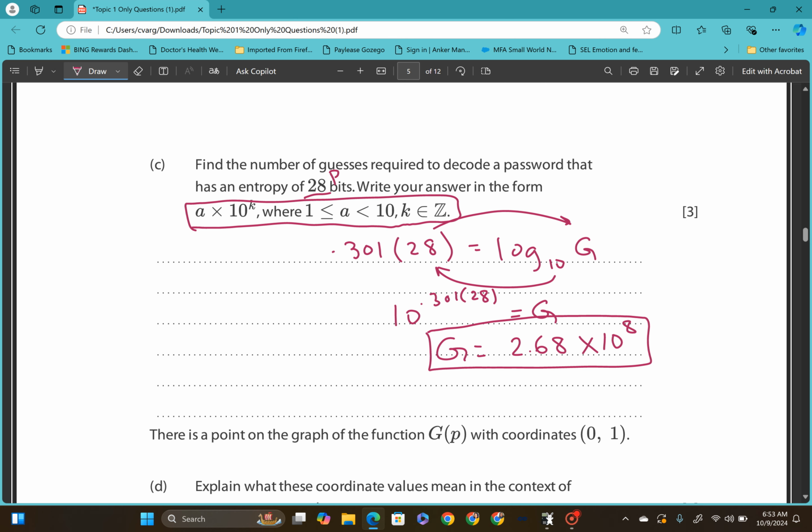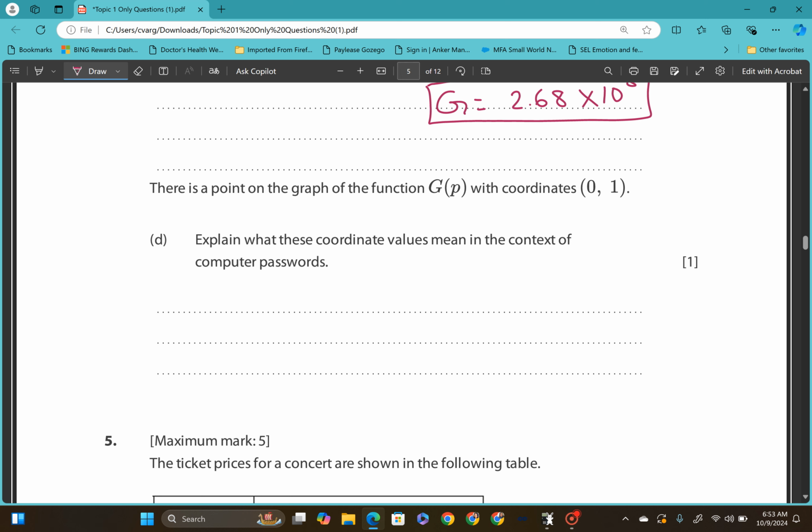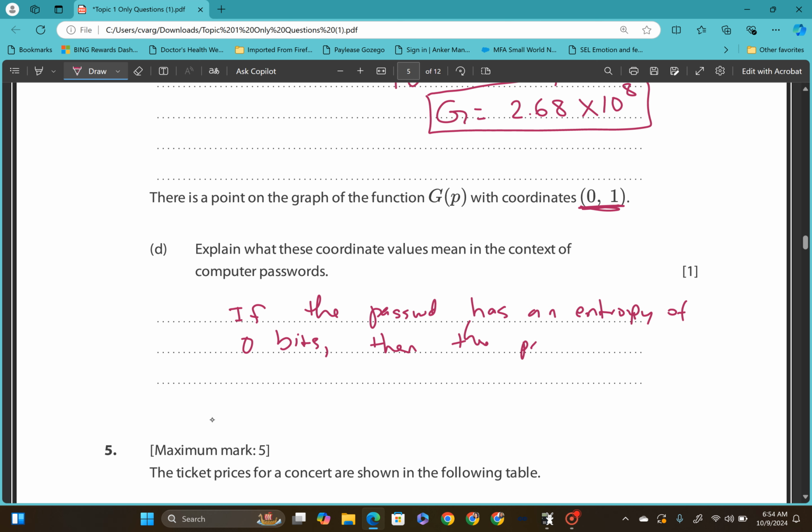Okay. All right, so now it says explain what this right here means. So 0, comma 1. So if the password has an entropy of 0 bits, then the password can be guessed in one try, right?